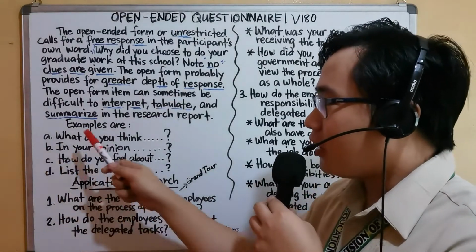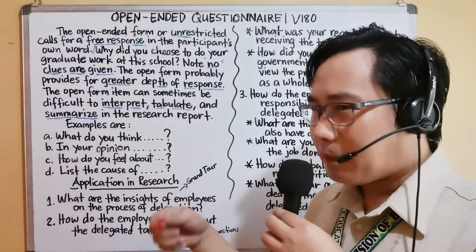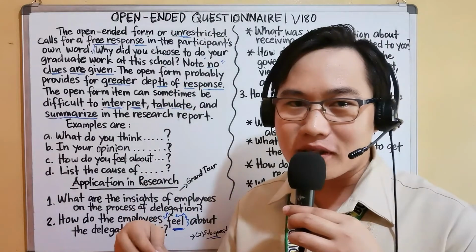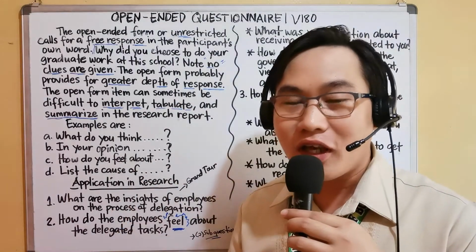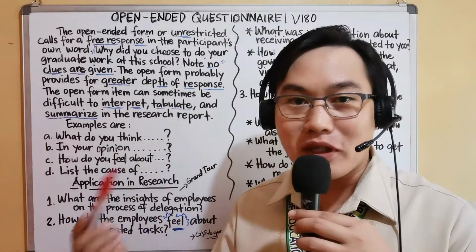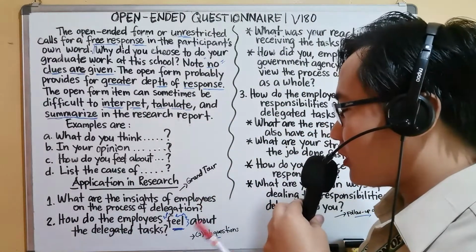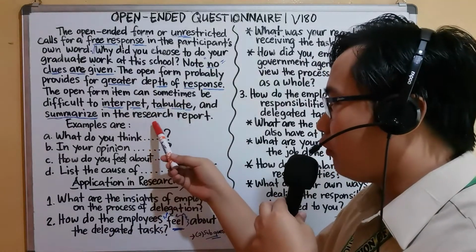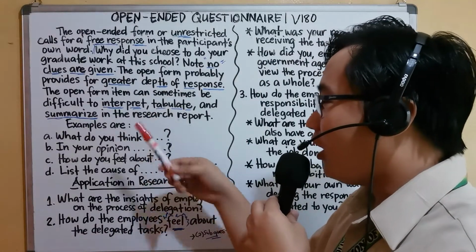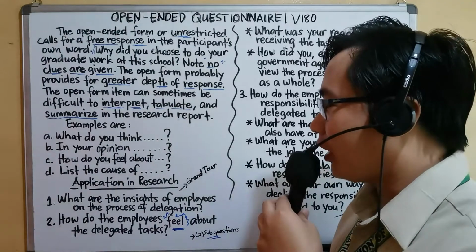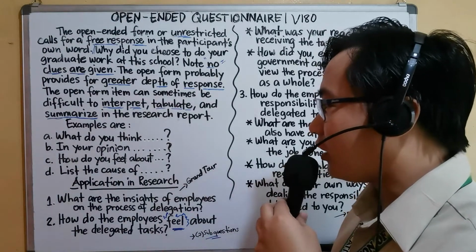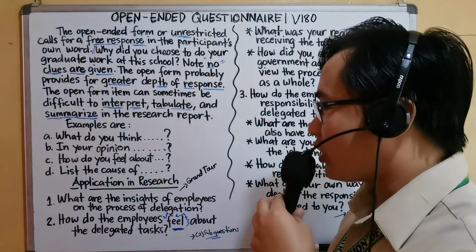Sa letter B naman, in your opinion, napakalawak nito, no? Iba't iba ang pwedeng maisagot. Pag sinabi natin in your opinion, kasi ang tao napakaraming opinion at iba't iba po ang opinion ng bawat tao. So, napakalawak. Magpo-fall pa rin tayo sa understanding na ang hirap talaga niyang i-interpret. Okay? Kung ibibig deal talaga natin ang open-ended questionnaire.